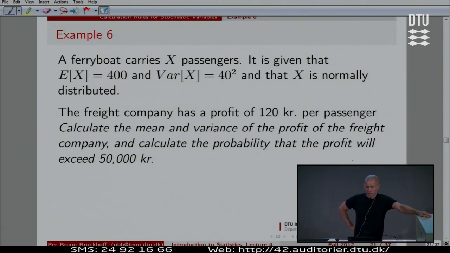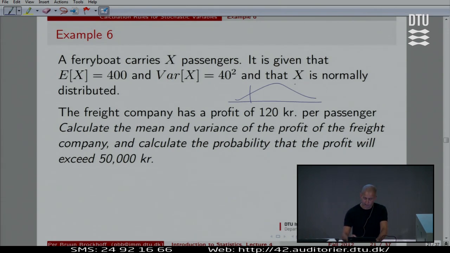So it's the number of passengers, which on average are 400, and then also with a standard deviation of 40. Meaning that between 320, two standard deviations to the left, and 480, two standard deviations to the right, we have most of the situations, if I may say it like that.